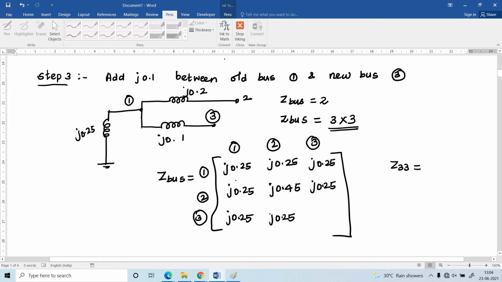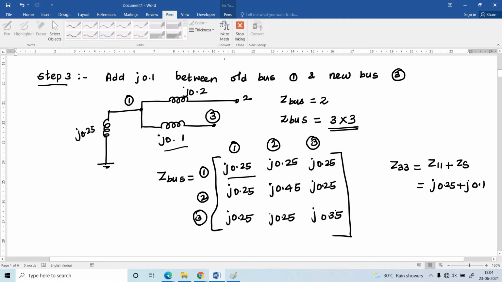It is connected to one node, so you have to take Z11, then it is connected with the ZS. ZS means what? J0.1. So now J0.25 is added with J0.1. Now we get the answer J0.35.